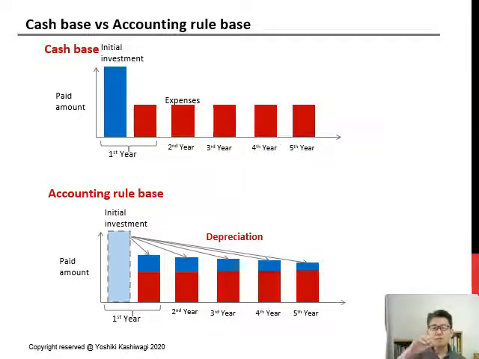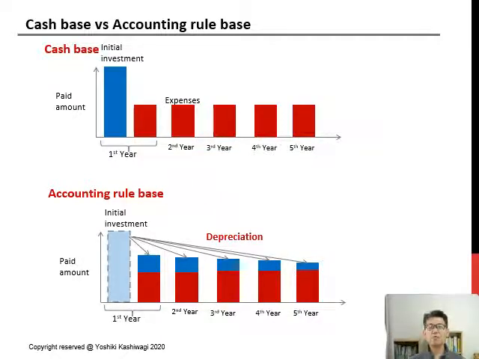Depreciate means you split the amount and you recognize partially the amount you pay as an investment in the coming years. So you do not recognize the whole amount of investment in the first year, but instead you split the amount and put it in the coming years as an expense.